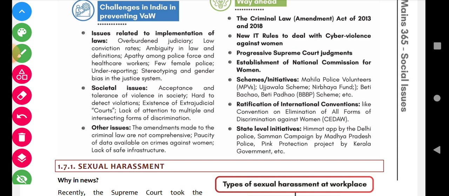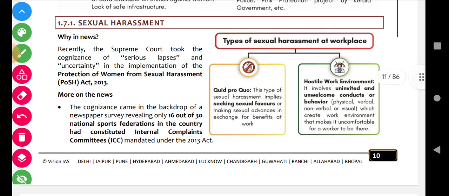Next is sexual harassment. Why is this in the news? The Supreme Court took cognizance of serious lapses and uncertainty in implementation of the Protection of Women from Sexual Harassment Act 2013.